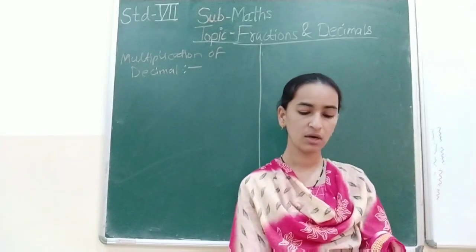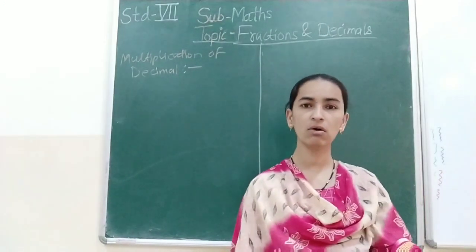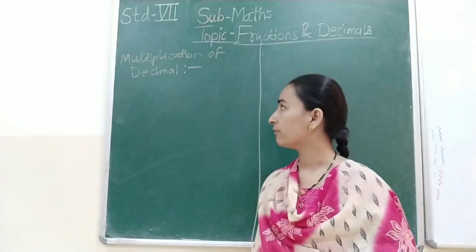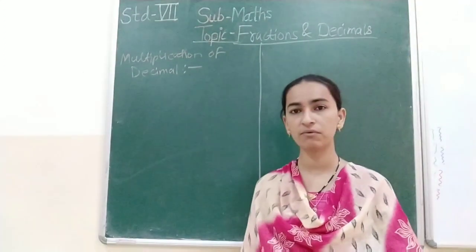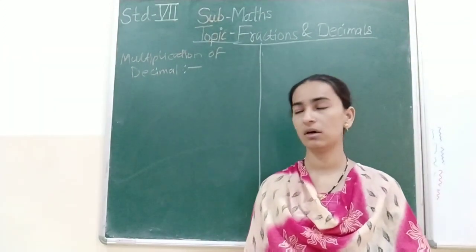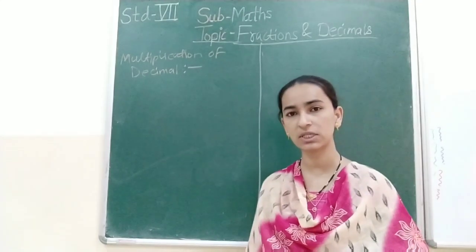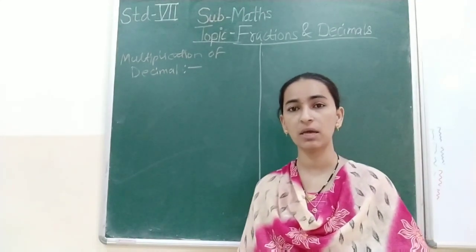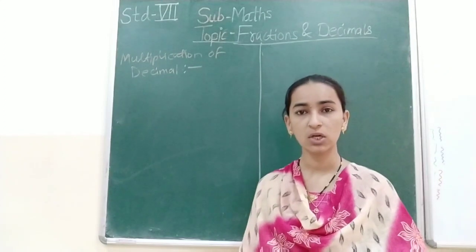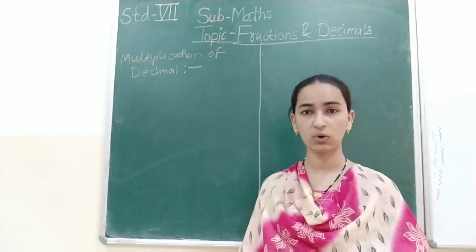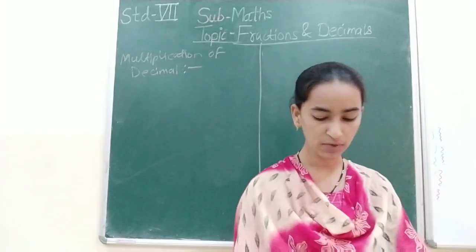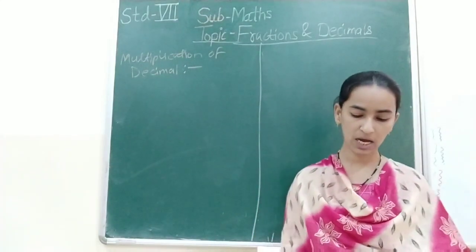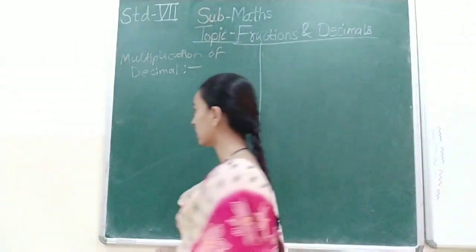Yes students, all those things we have done. Now we are taking the multiplication of decimal. When two decimals are there in the question, how do we multiply them, how do we place the decimal in the product of that.